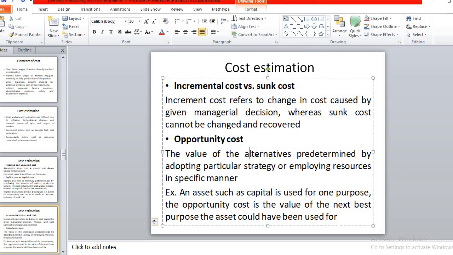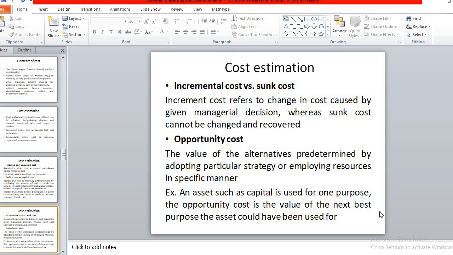We can say that these are the alternatives determined for that particular strategy or a previous asset, and that previous asset can be used in another way. The cost related to these alternatives is considered as opportunity cost.